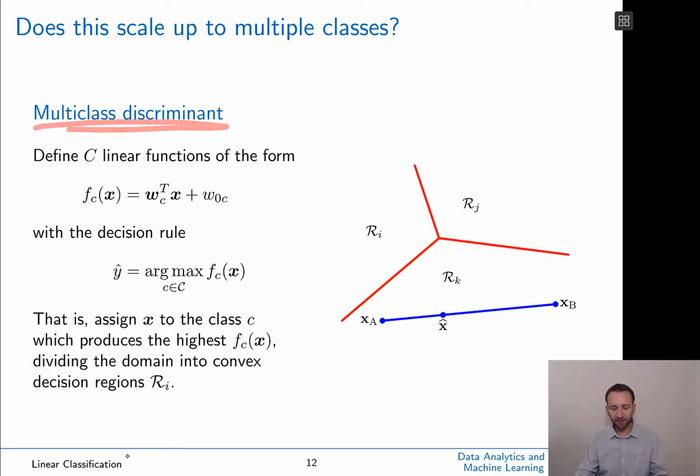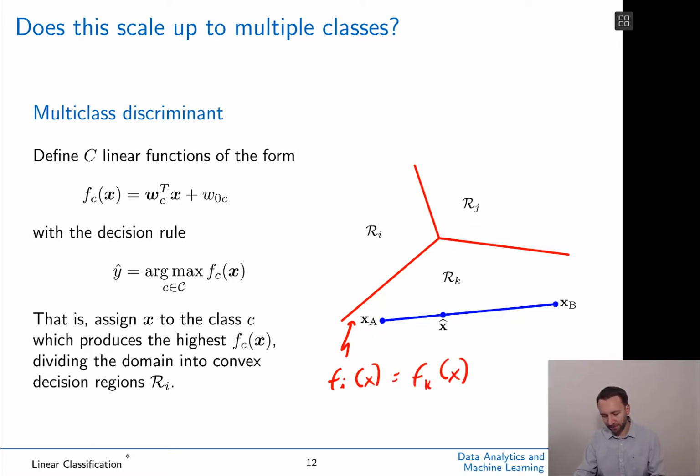And with this multi-class discriminant, we get these linear decision boundaries. Why is this the case? That's very easy to show, because every class is represented by these linear functions, and these lines correspond to those cases where 2 functions match. For example, on this line, the function for class I equals the function for class K. So on this line, the prediction for both classes is the same.